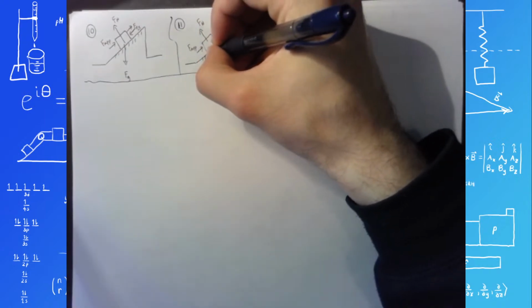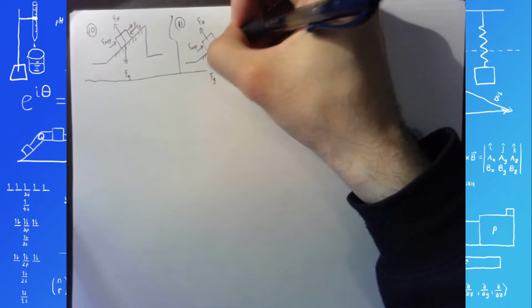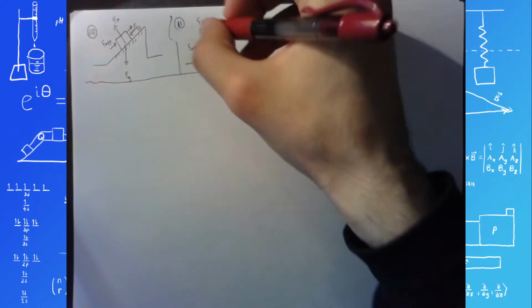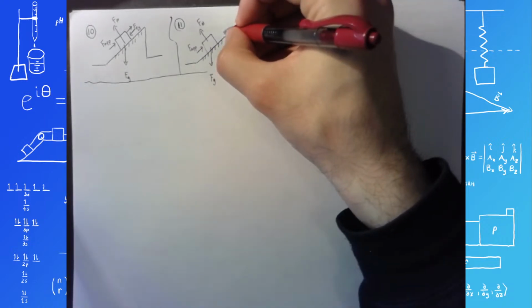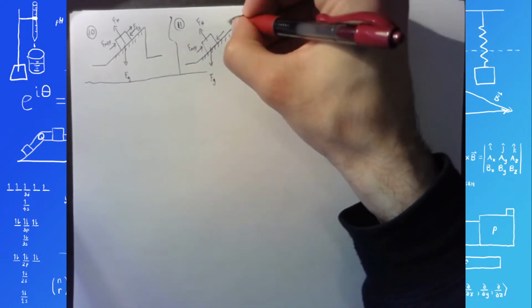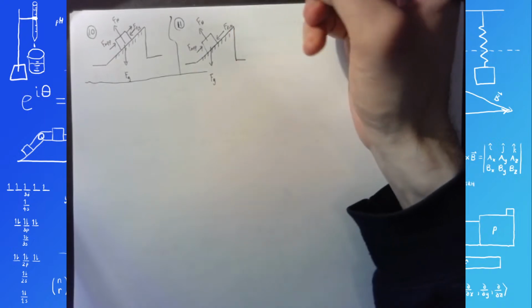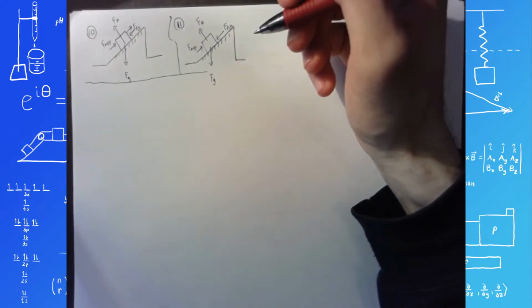Anyway, oh, and I forgot to draw my tick marks. The velocity of this thing was up the ramp, so the force of kinetic friction would have to be down the ramp, so that's force of friction kinetic. And the new thing is the rope.